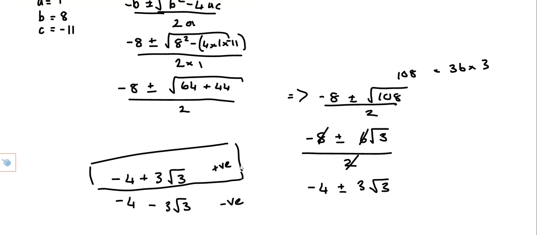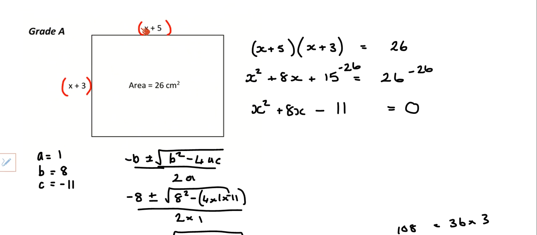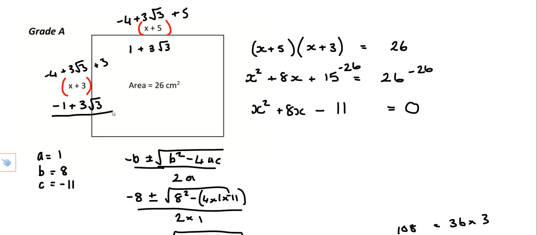Now if you went further and put that as a decimal, fine. I'm not at this stage. This would be -4 plus 3 root 3 plus 5, which would be 1 plus 3 root 3. And this would be -4 plus 3 root 3 plus 3, which gives me -1 plus 3 root 3. So they are my 2 dimensions.